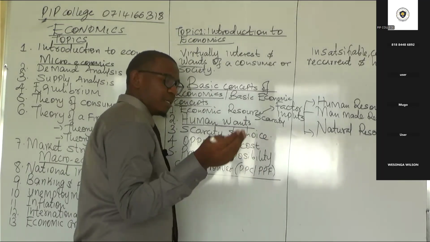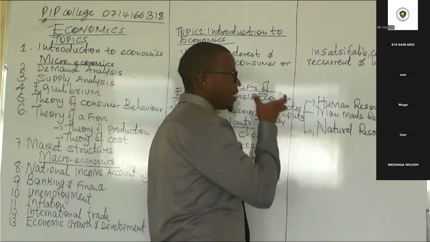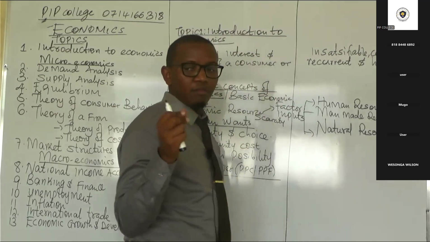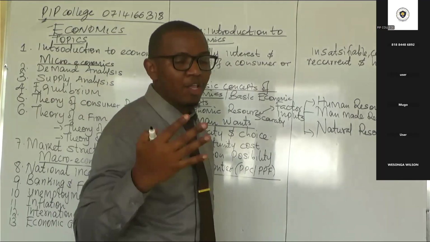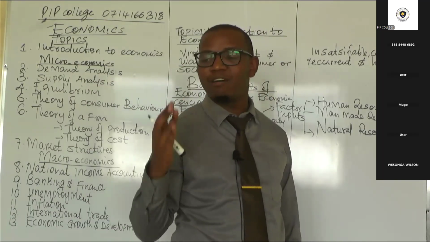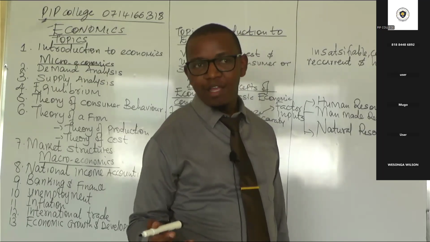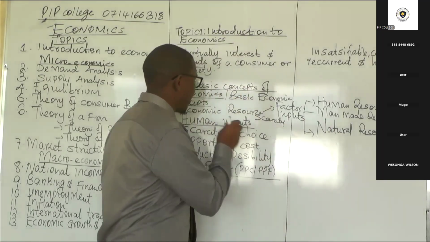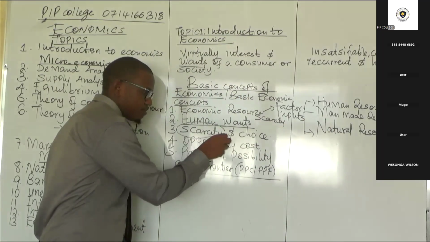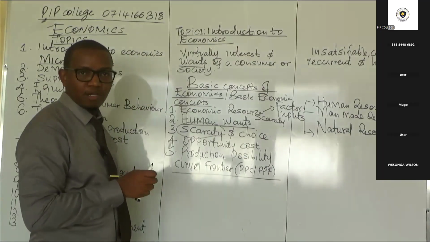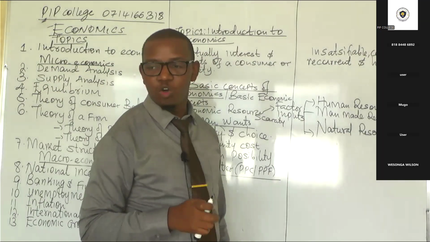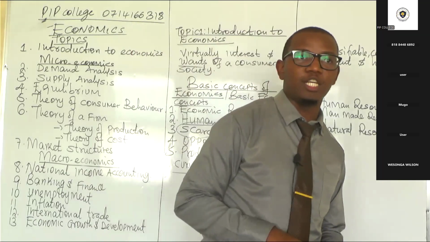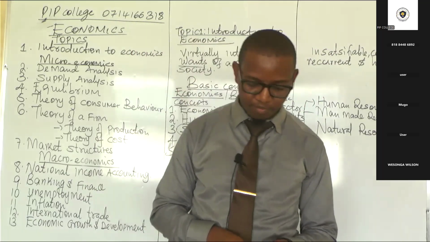So as I've explained here, if a human will never get enough of their desire, it means that what is there is scarce. So let's talk about scarcity and choice.